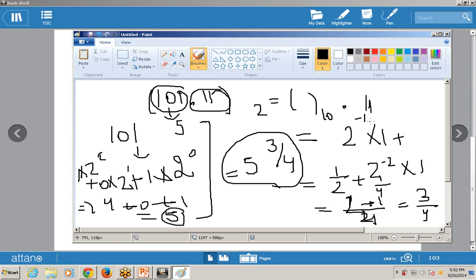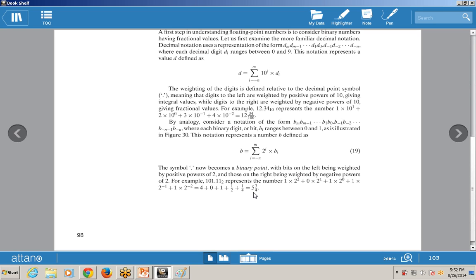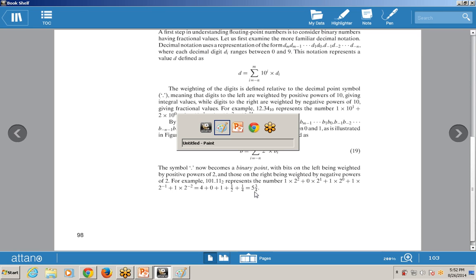So 2 power minus 1 into the digit 1, plus 2 power minus 2 into the digit 1. 2 power minus 1 is 1 by 2, 2 power minus 2 is 1 by 4. Now put 1 by 2 plus 1 by 4, then take the LCM. This is 2 plus 1, that is 3 by 4. So the output is 3 by 4. Now represent both values, that is 5 and 3 by 4. This is the same output, 5 and 3 by 4. This is how we can represent the fractional binary number.